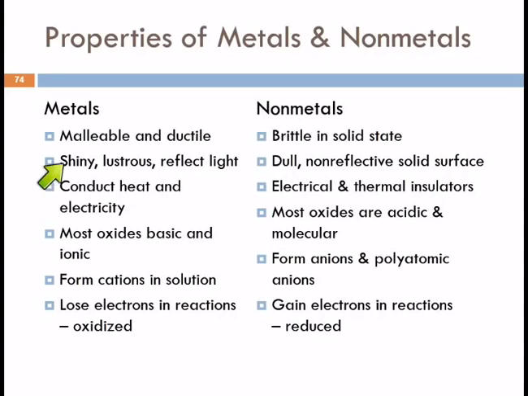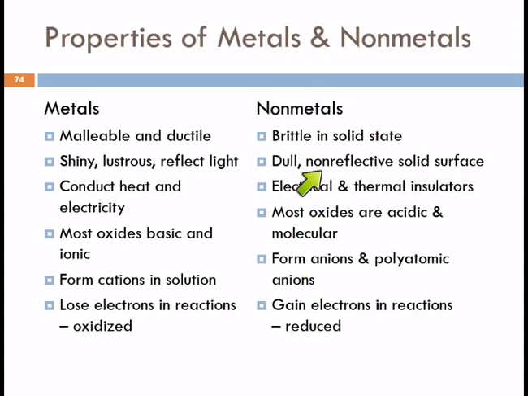They tend to be shiny. They conduct heat and electricity. Most of the oxides are basic. Compounds with oxides are going to be ionic compounds. Metals form ionic compounds, metals form cations in solution, and metals are going to lose electrons in reactions.